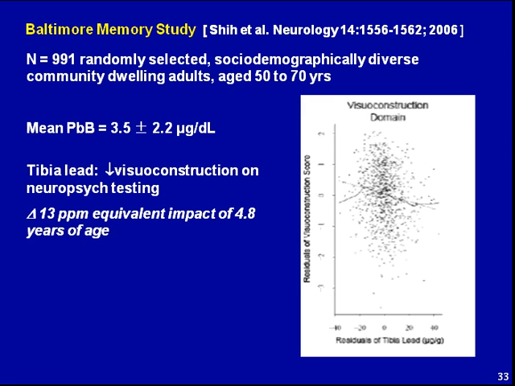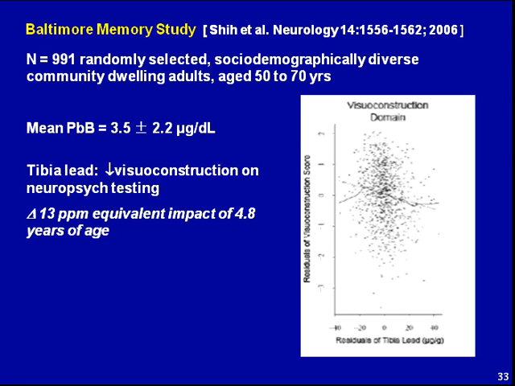What was interesting is that their bone lead concentration was a significant predictor of the decrements in visual-constructive skills on neuropsychiatric testing. In fact, a 13 part per million increase in bone lead had an equivalent impact of 4.8 years of age.